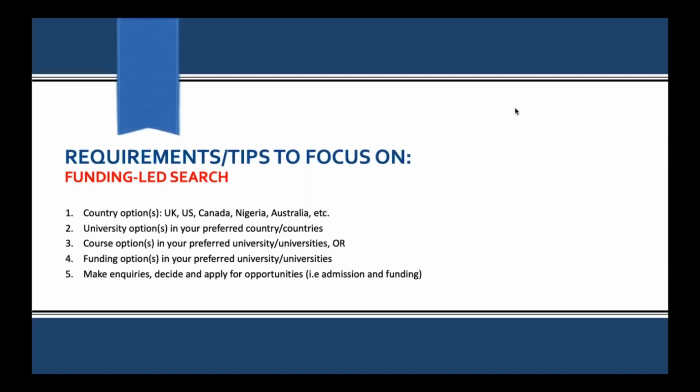So I think once you've decided on the country, the university and the course, it would be worth making inquiries to find out what funding opportunities they have, and also checking your eligibility for the opportunities that they have.